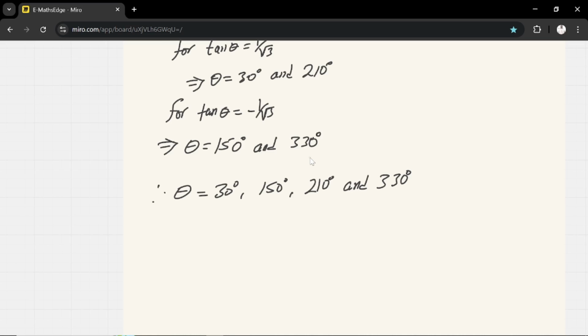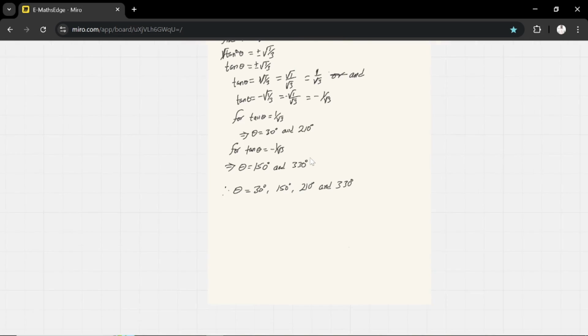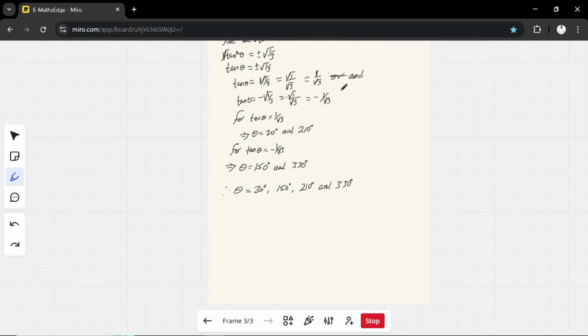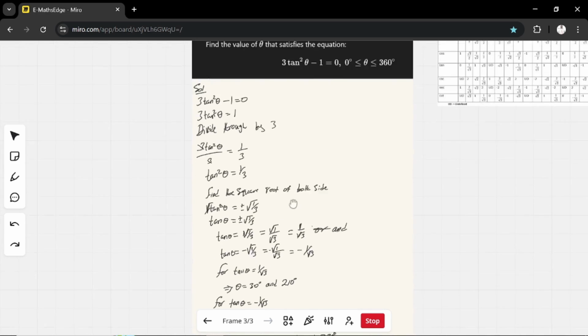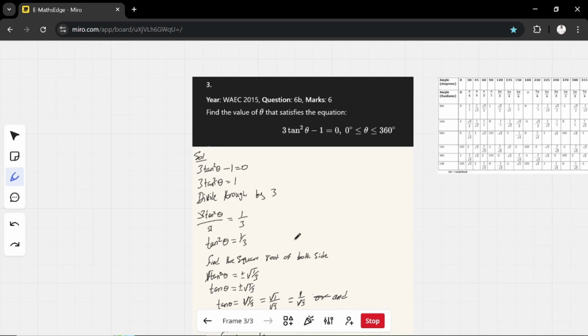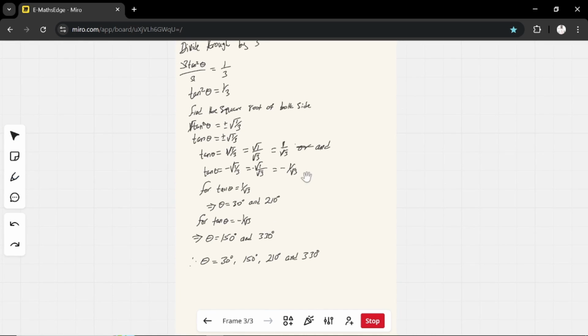And mind you, initially a condition was given that this set of values which we are to obtain for θ must be between 0 and 360 degrees, as you can see from the question. This is the condition. If you observe, the set of values we obtain for θ is between 0 degrees and 360 degrees.